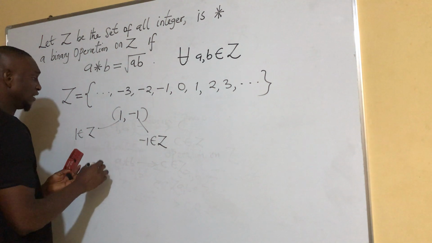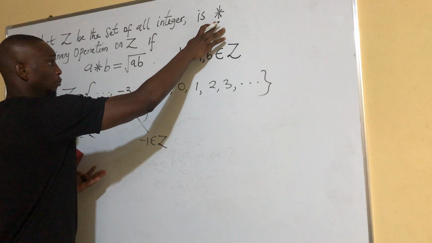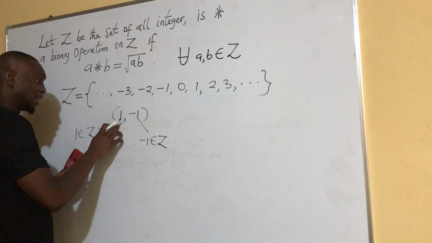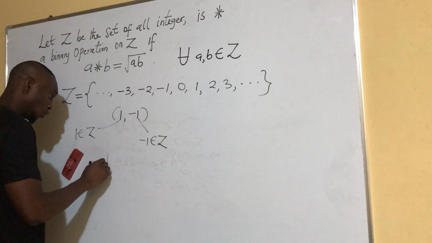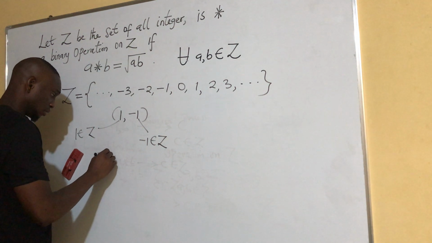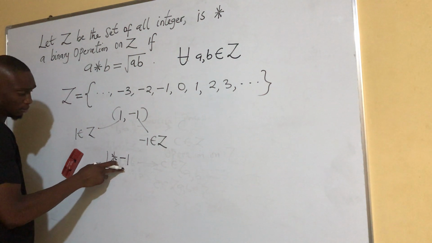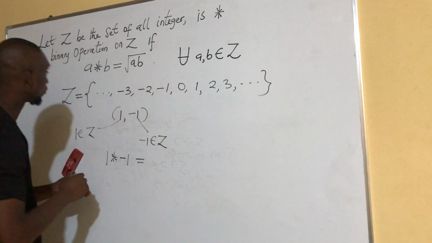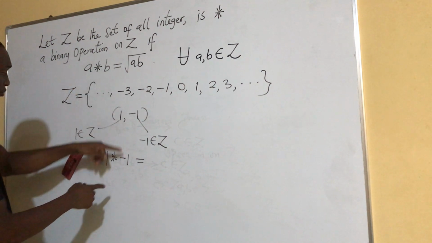Let's see, whenever this particular operation is interposed between 1 and -1, the results of the effect. Now 1 and -1 with respect to the given function: here A becomes 1 and B becomes -1.